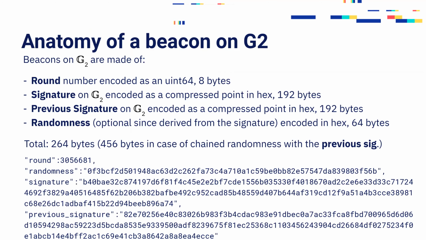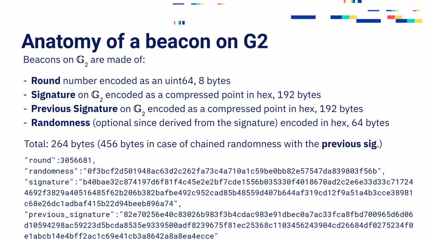So if we look now at a beacon on that network, we've seen earlier when I was querying the HTTP endpoint /public/latest what it looked like. We had a round number, which is basically just the unsigned integer of size 64 bits of the current round. So we started in 2020 in August with round 1.